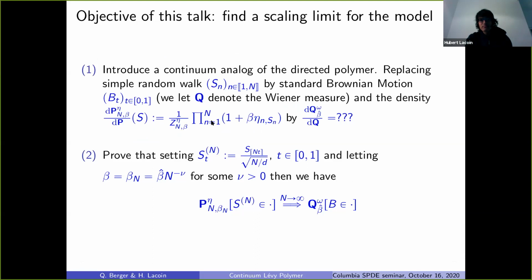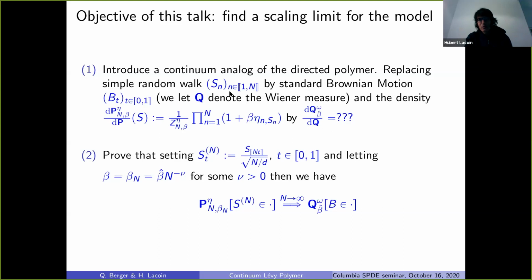The next step is not completely obvious. Here we have defined the density of the polymer measure with respect to the reference measure by this. So we will try to define a new measure on the set of continuous trajectories, which has some kind of density with respect to the Wiener measure, and which should be given by something that depends on an environment.